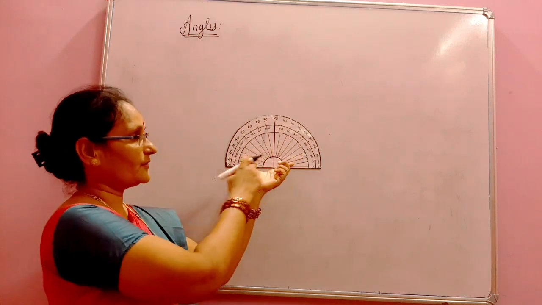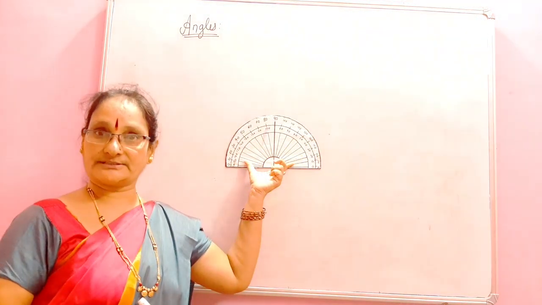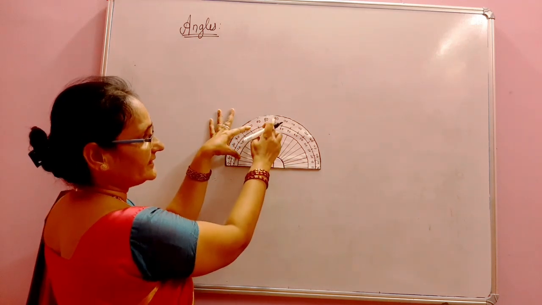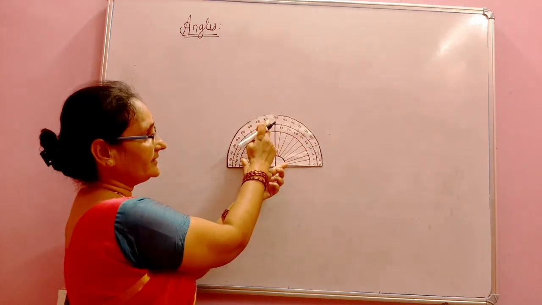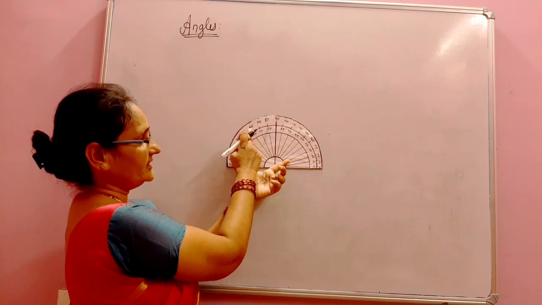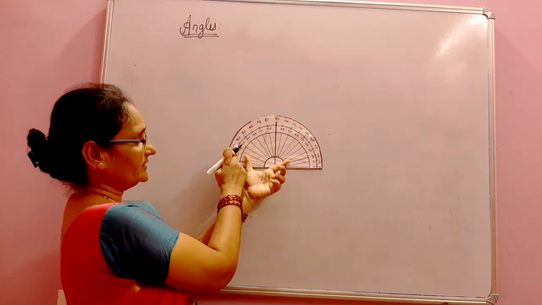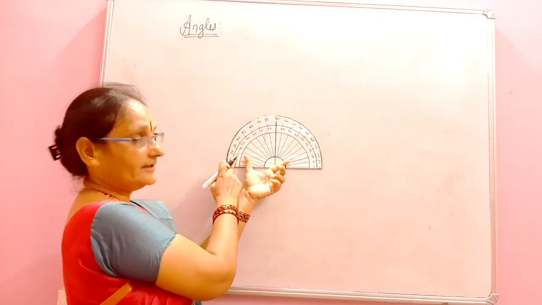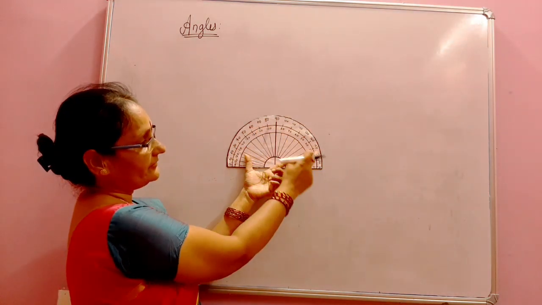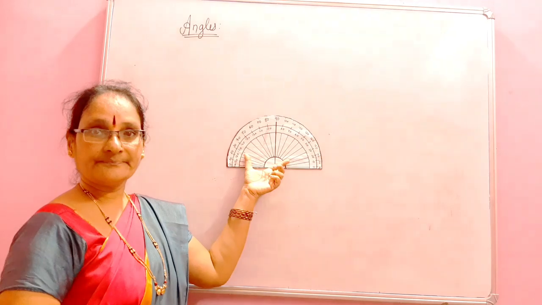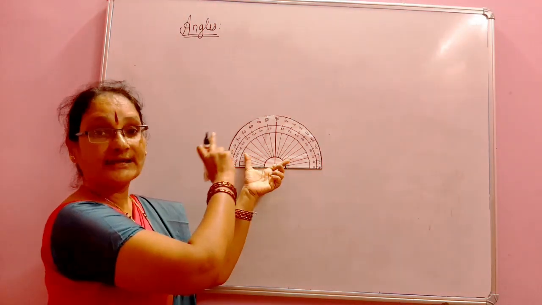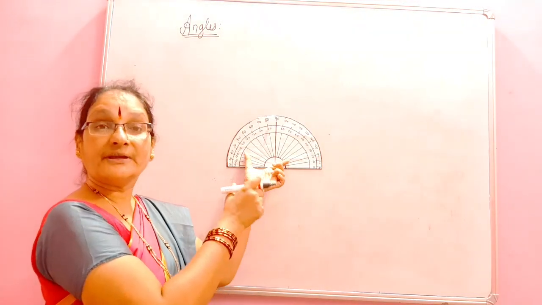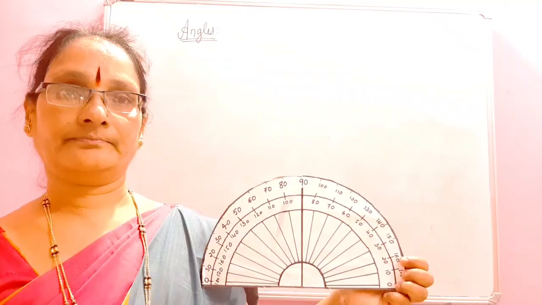Everybody will have the protractor in your geometry box. Here it shows 90, 80, 70, 60, 50, 40, 30, 20, 10, 0. Then 100, 110, 120 up to 180 degrees. This is the device we use to measure the angle.